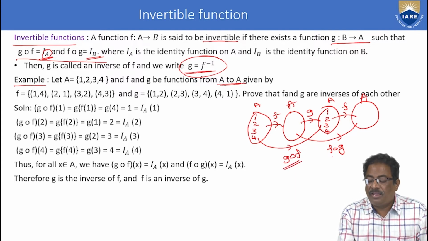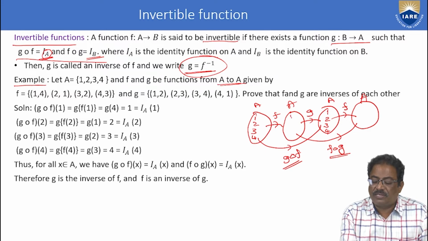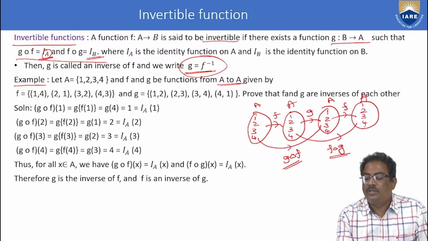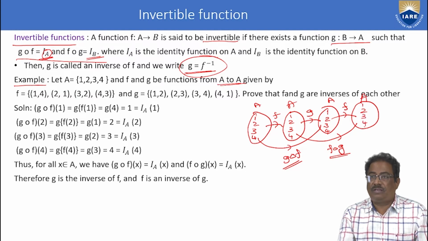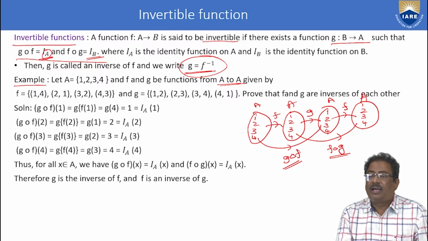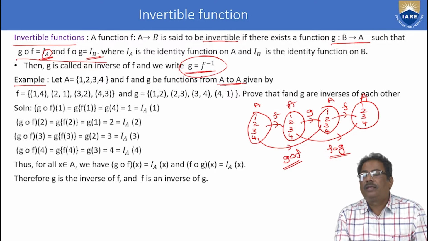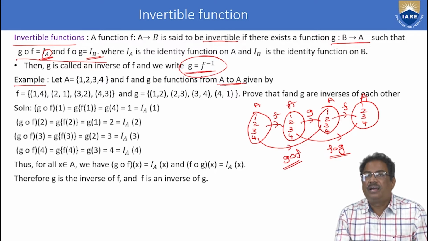In the same way, f of g is also the identity function. So f of g of 1 is 1, f of g of 2 is 2, f of g of 3 is 3, and f of g of 4 is 4. If this condition is satisfied, then only you can say that the composition is the identity mapping.